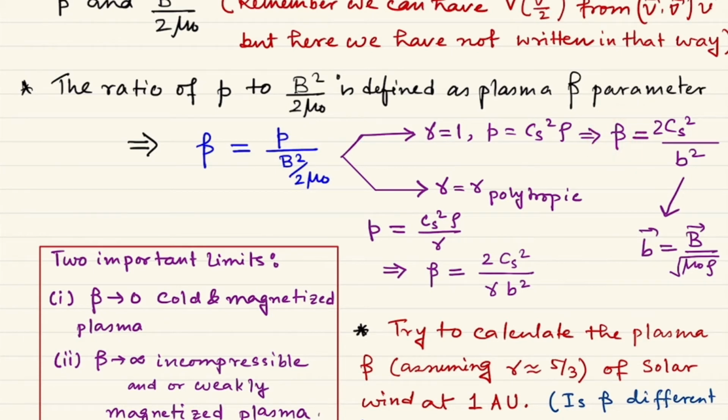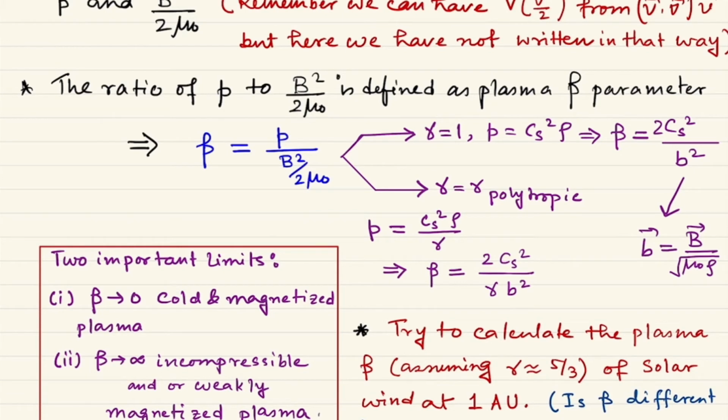But if we have both conditions together, which we call cold and magnetized plasma, then we must have beta tends to 0.